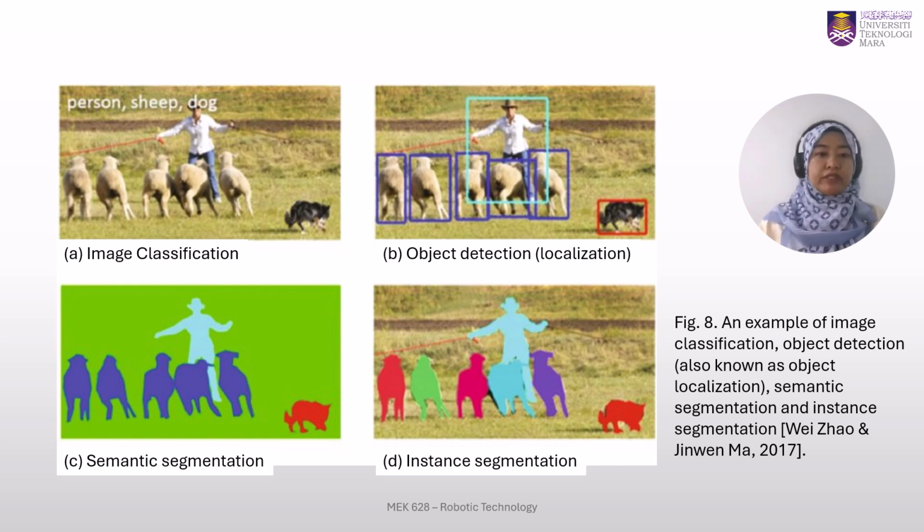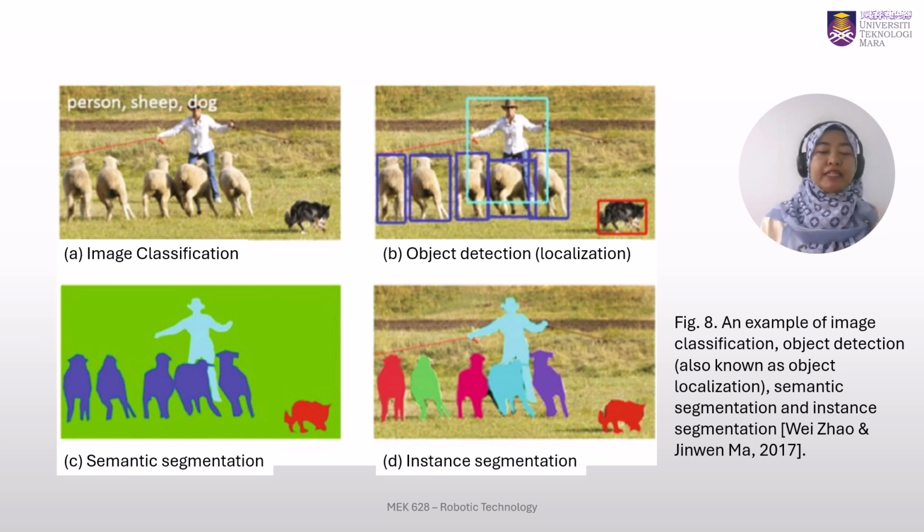That is image classification. But in the object detection, it can locate these classes. For example, the green box is the person, the blue box is the sheep, and the red box is the dog. While in the semantic segmentation, it can identify this class by filling up the pixels of that class.